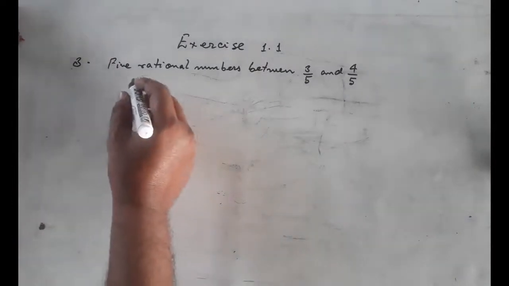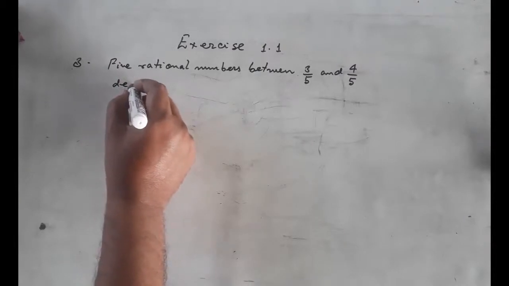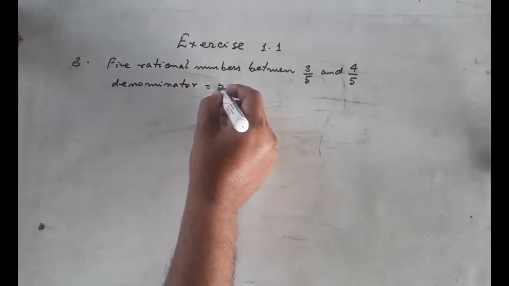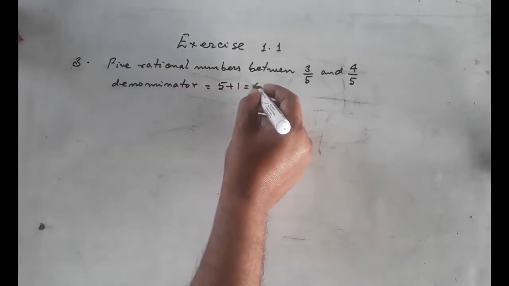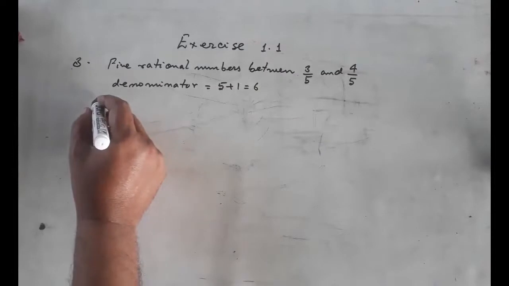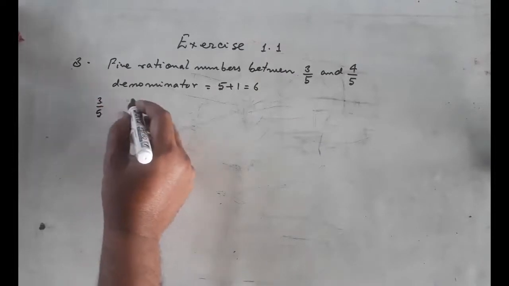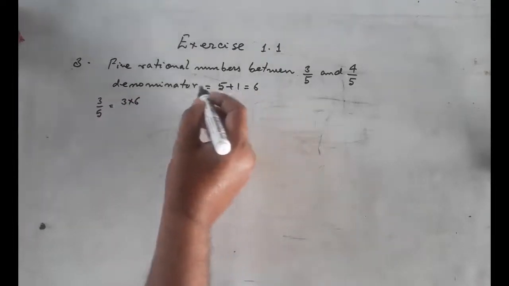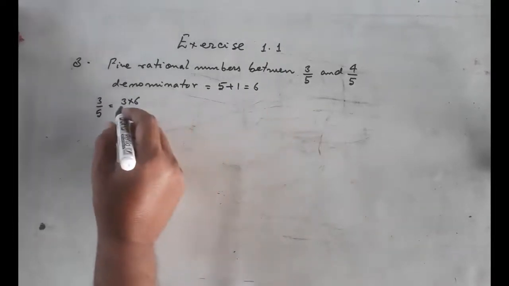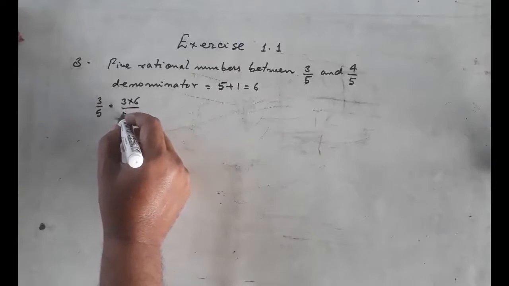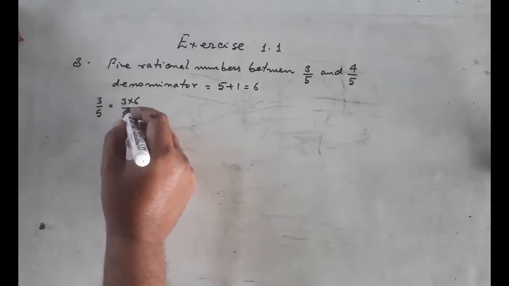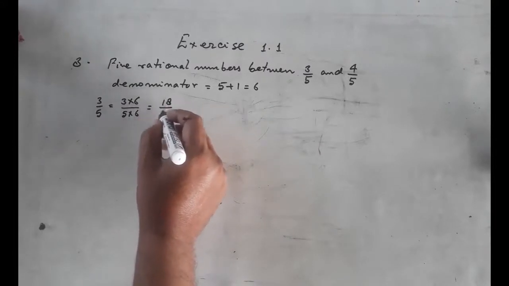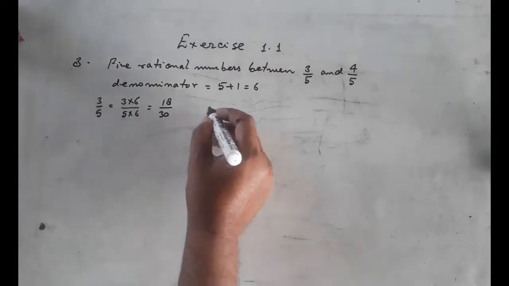5 rational numbers means your denominator is 5 plus 1, that is 6. 3 by 5 is your first number. You can write it as 3 into 6 by 5 into 6, that is 18 by 30.